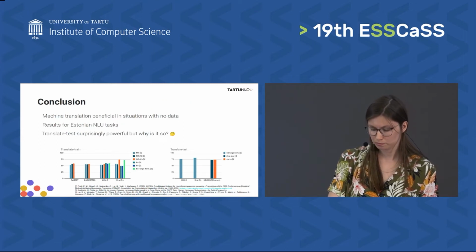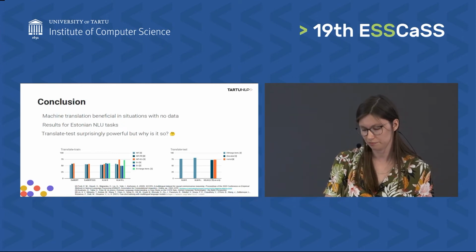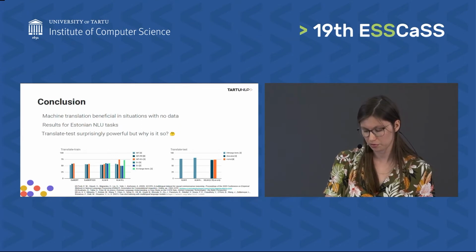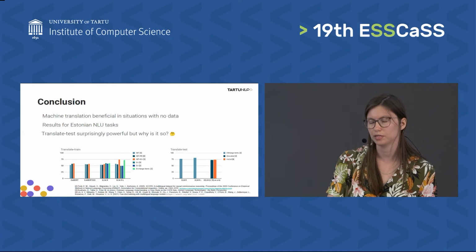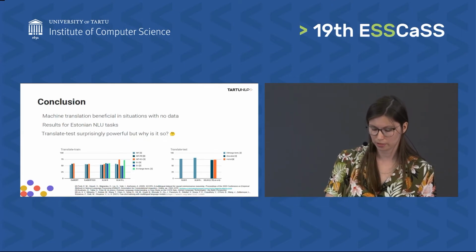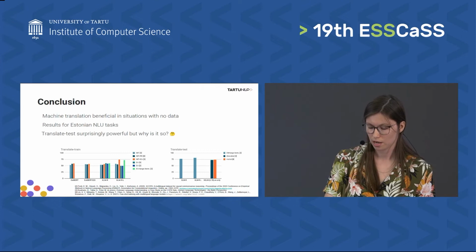So to conclude, the experiments showed us that machine translation is beneficial in situations with no data because it already can give us quite good baseline results. Secondly, we can use it to produce some results for natural language understanding tasks in Estonian and keep working from there.